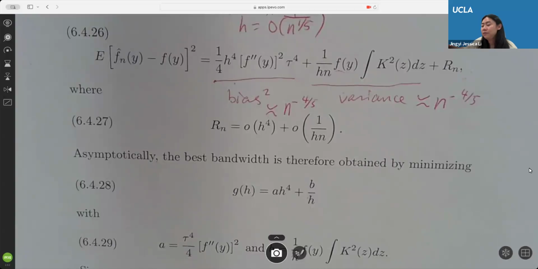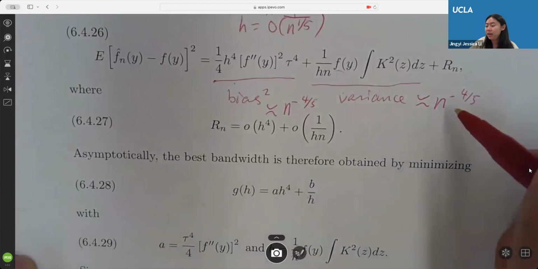And there is a very important statement in studying the mathematical or theoretical property of our estimator: how does the mean squared error go down to 0, and at what rate? Now we get this rate.